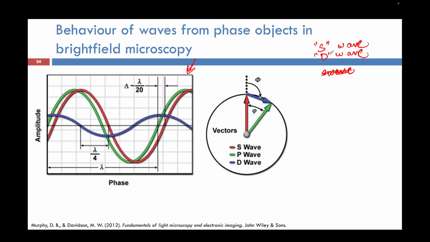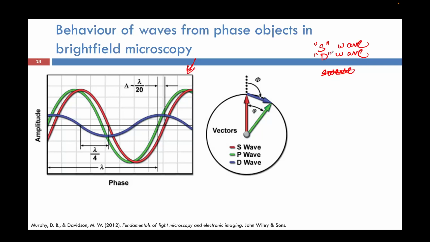Now what will happen, the amount of D wave will be very small, because the amount of diffraction that takes place here is very less in bright field microscopy, so the amplitude of the D wave will be very much low as compared to the amplitude of the S wave.